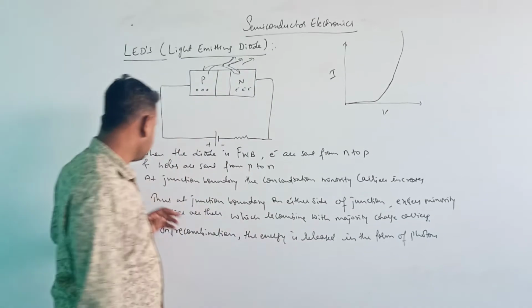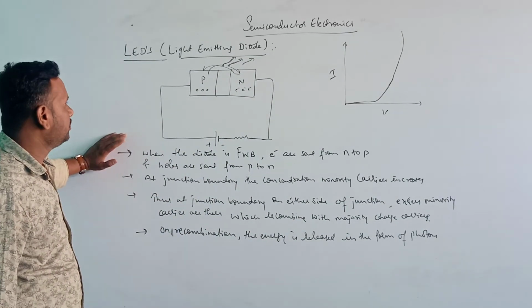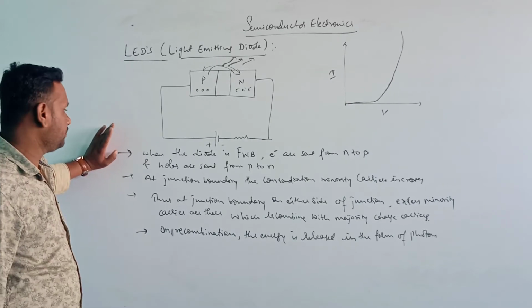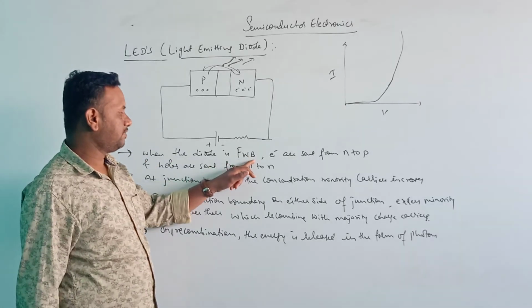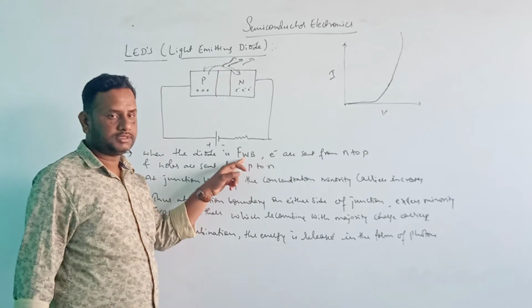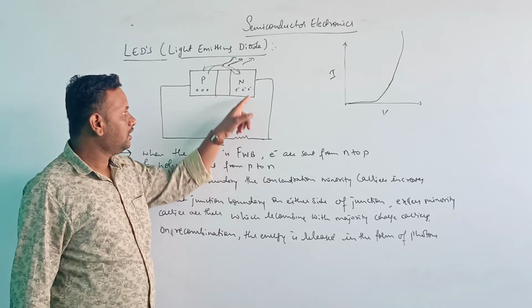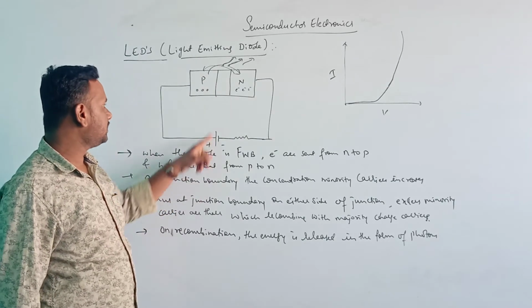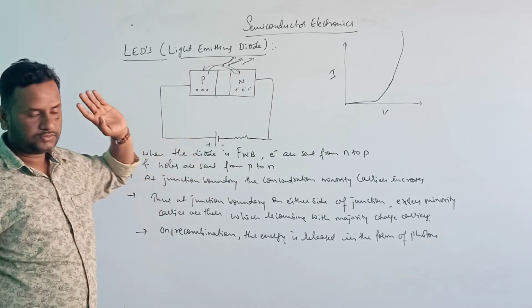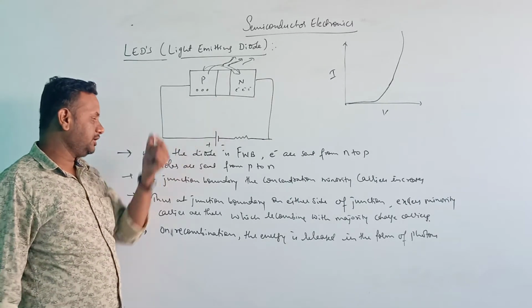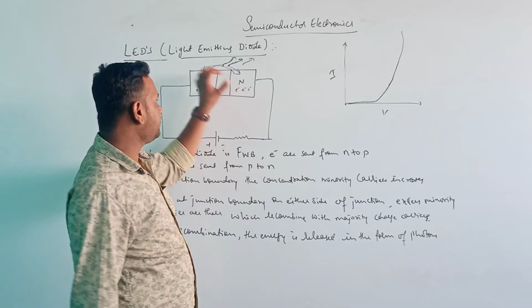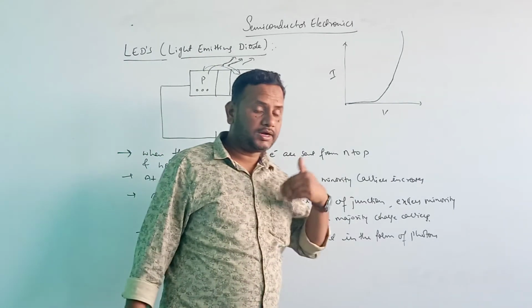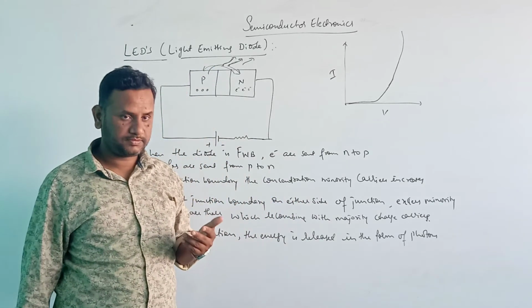Now, these are some few important points regarding the LEDs. So actually how it works here. When the diode is forward biased, here written FWB is forward biased, electrons are sent from N to P and holes are sent from P to N. Now at the junction boundary, the concentration of minority carriers increases when compared to the equilibrium state.